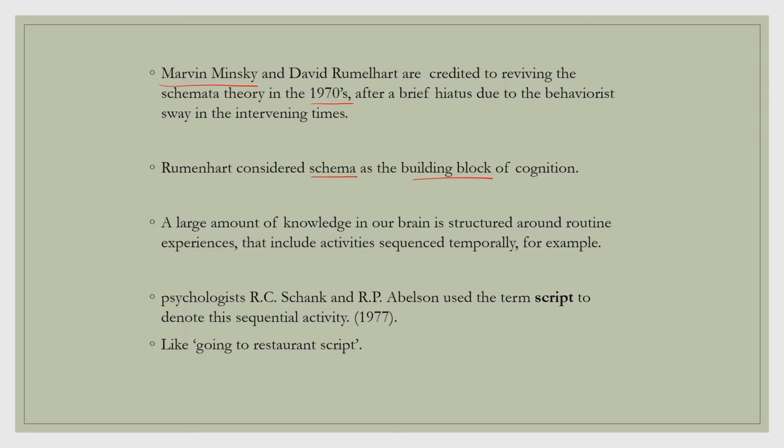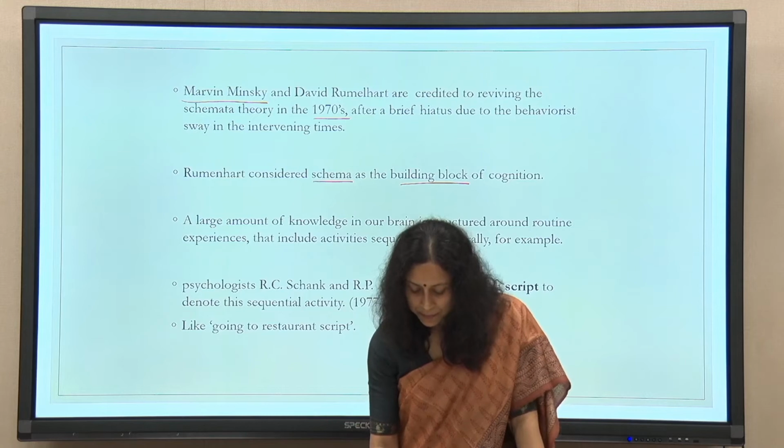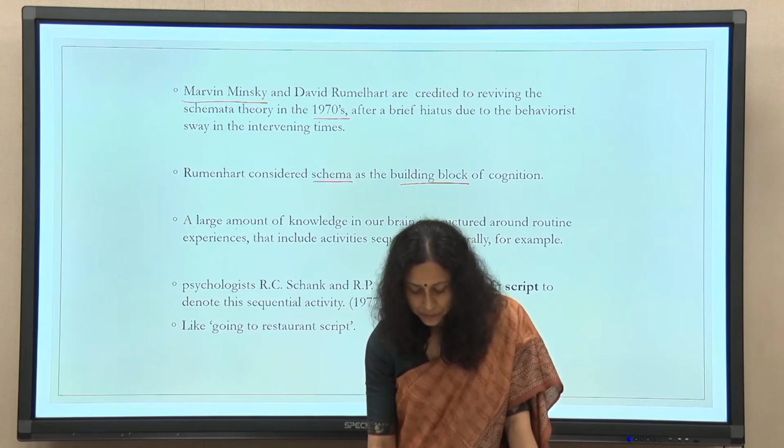So, knowledge is based on smaller building blocks of schema. A larger amount of knowledge can be boiled down to smaller schemas, and that is how we store the information. This is why it has been given a lot of importance by many people later on.